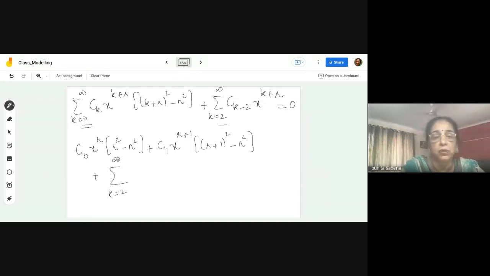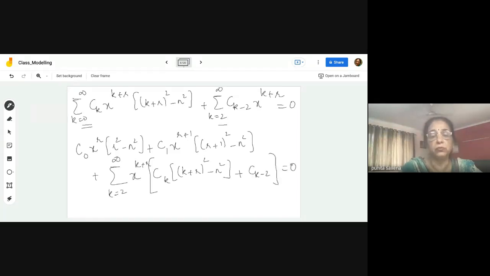So they are going to be x to the power k plus r, ck into (k plus r) whole square minus n square. I'm putting another bracket plus ck minus 2 equal to 0.